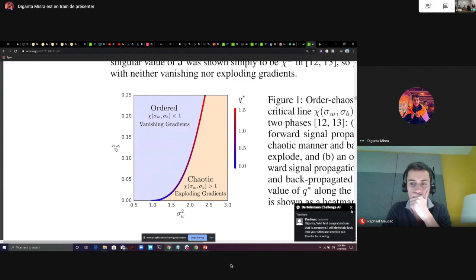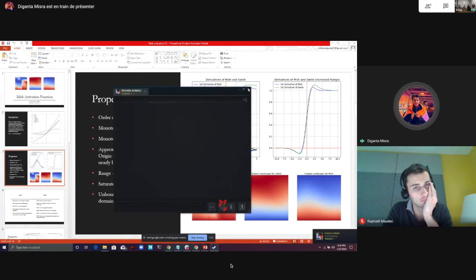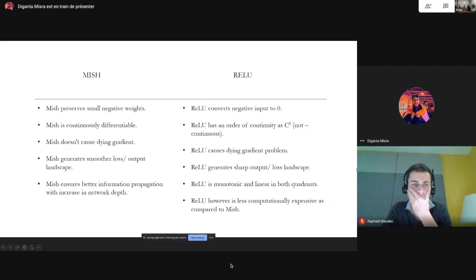Okay, thank you. Just to compare where Mish stands and what ReLU offers, because ReLU has been the standard so far in most neural network architectures: ReLU converts all negative input to 0, while Mish preserves some small negative weights, which proves to be important.